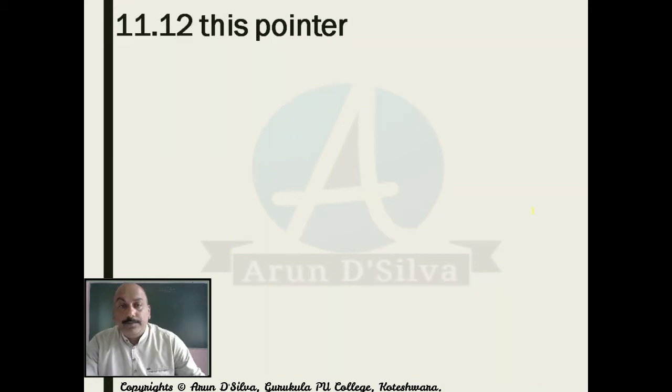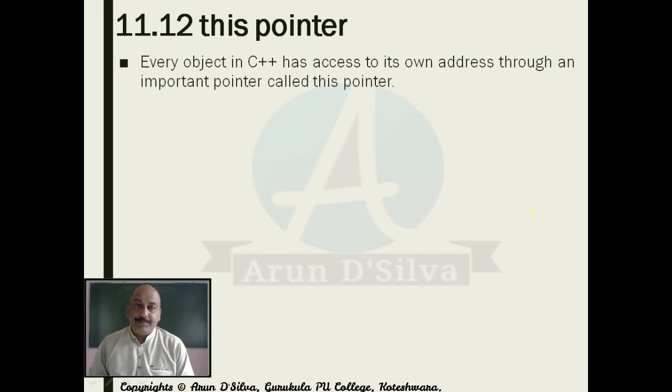Going to the next concept, that is the this pointer. Now what is the this pointer? Every object in C++ has access to its own address through an important pointer called the this pointer.